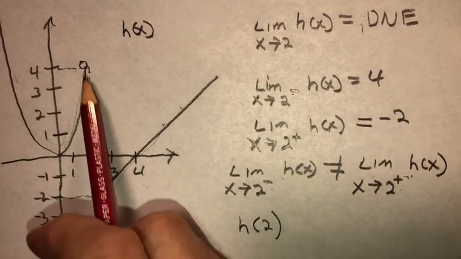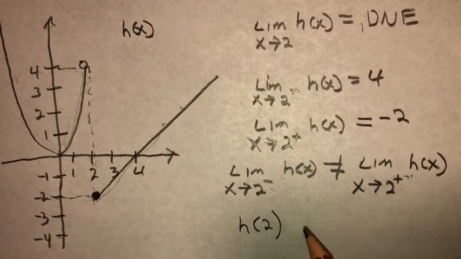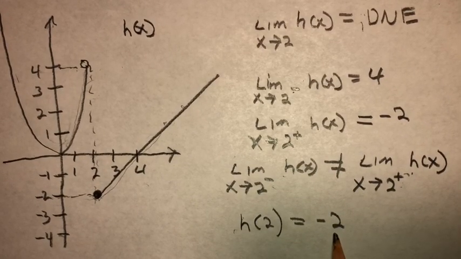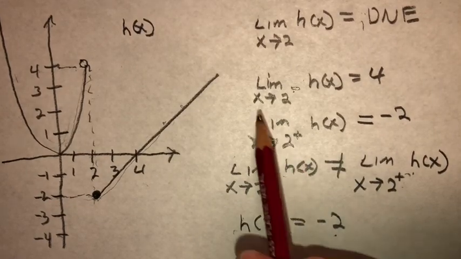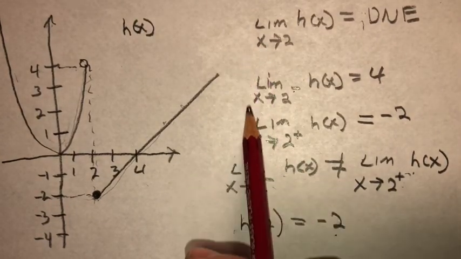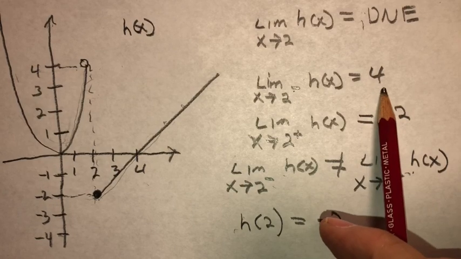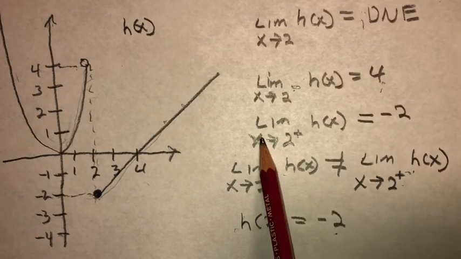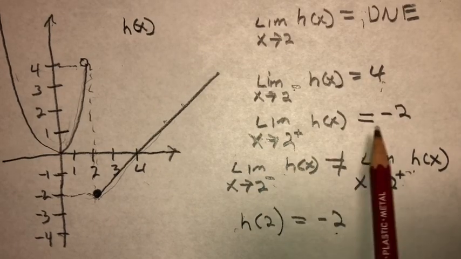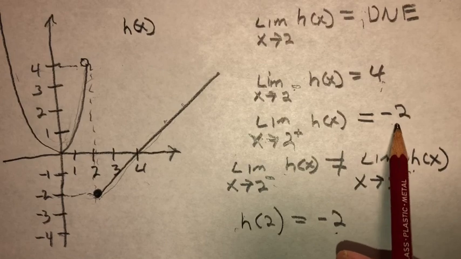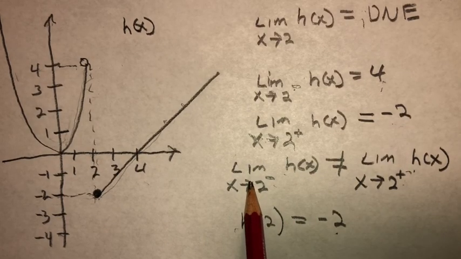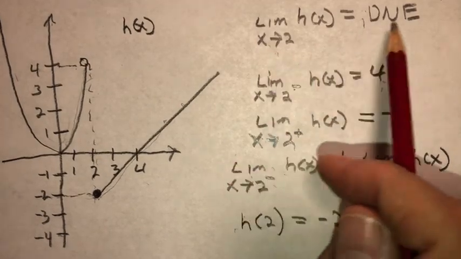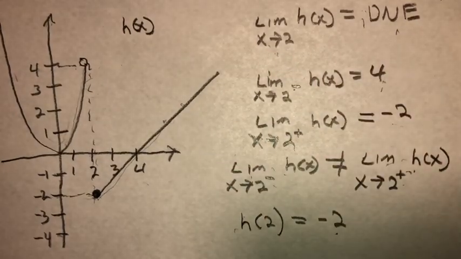Well, h of 2 is -2. So the value of the function exists. The left-handed limit exists and is 4. The right-handed limit exists and is -2. But since the left-handed limit and the right-handed limit are not the same, the limit in general does not exist. So hope that helps.